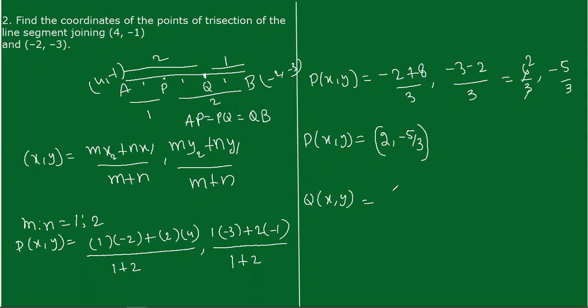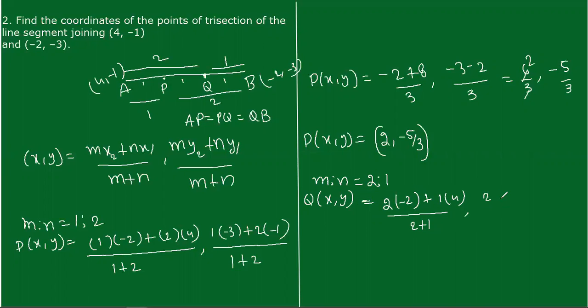Before that, we take the ratio m is to n equal to 2:1. Let's apply the formula: mx2 means 2 into -2, plus n x1, where n value is 1 and x1 is 4, by 2 plus 1.